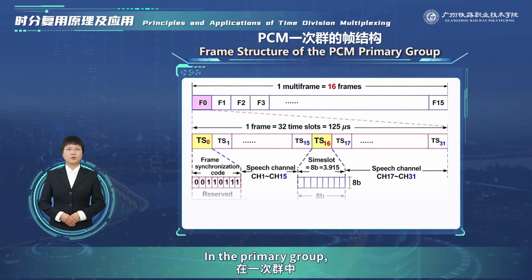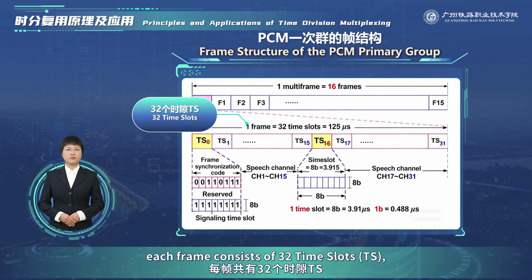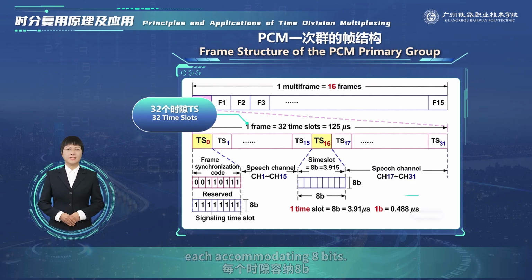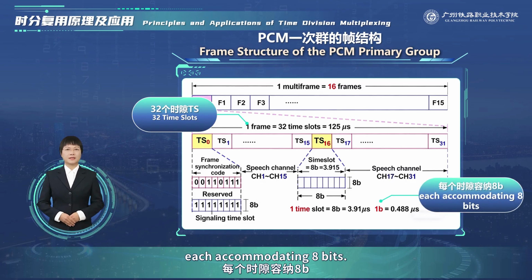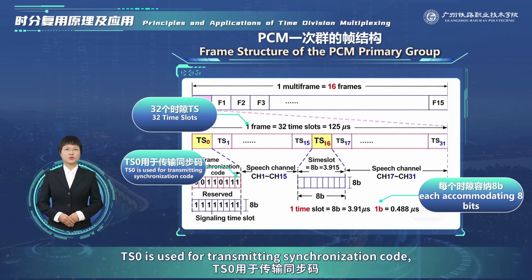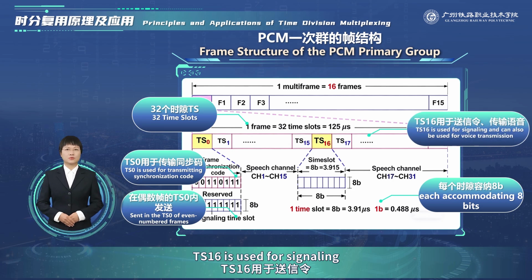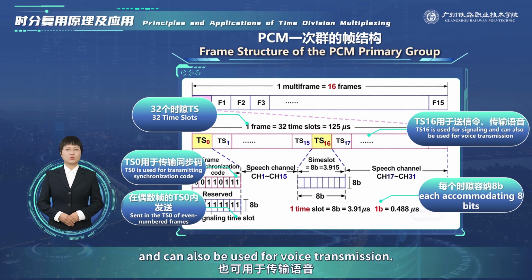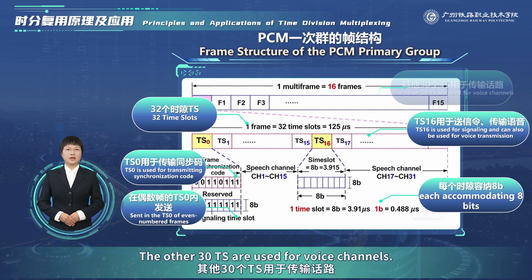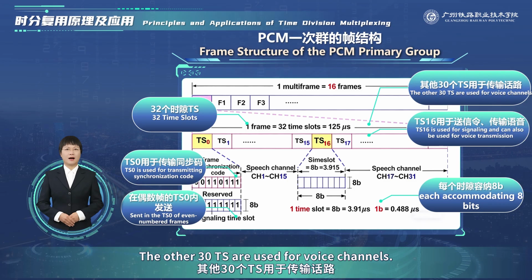In the primary group, each frame consists of 32 time slots, each accommodating 8 bits. TS0 is used for transmitting the synchronization code, sent in the TS0 of even numbered frames. TS16 is used for signaling and can also be used for voice transmission. The other 30 time slots are used for voice channels.